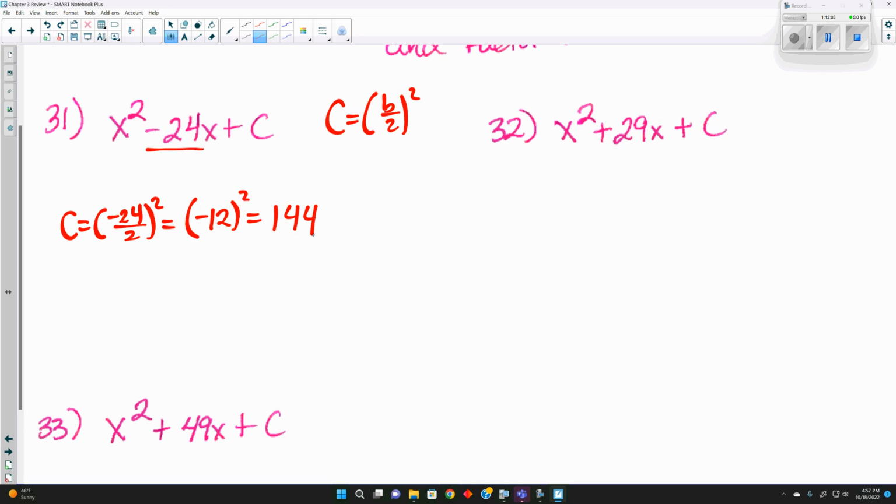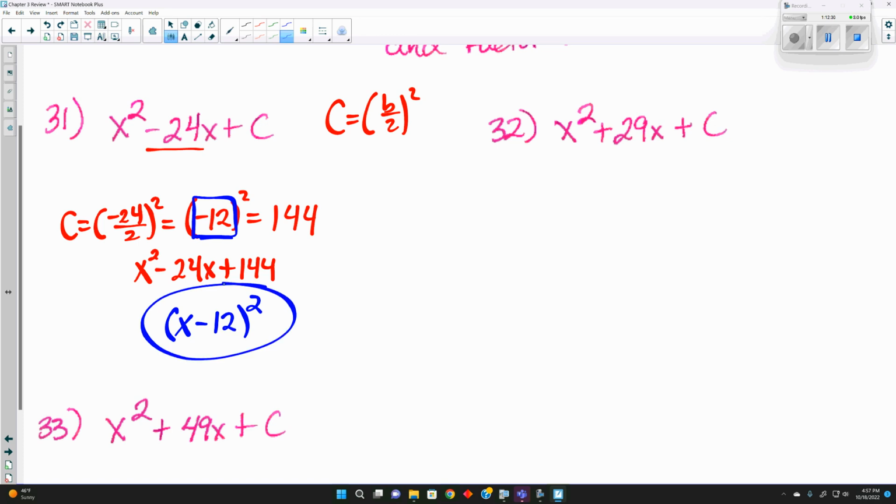So we found the value of c, which means that this here is x squared minus 24x plus 144. Now the last thing we need to do is factor it as a set of parentheses squared. And again, the number that goes inside the parentheses when we factor it is whatever's inside the parentheses before we squared it to get the value of c. So here it's going to be minus 12. And that's it.